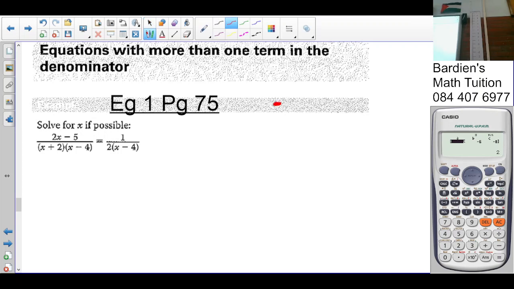The first thing is we're going to factorize the denominator if possible, or if needed. Factorize the denominator if needed.